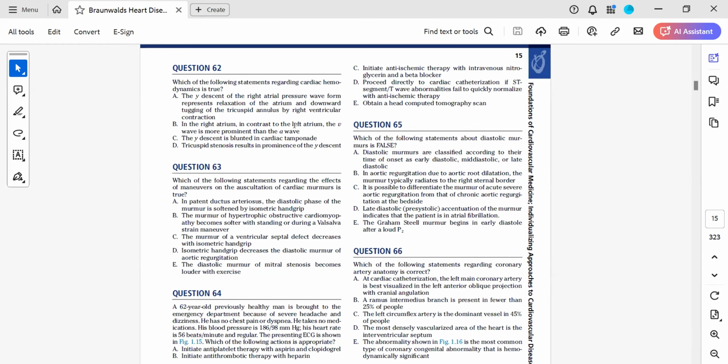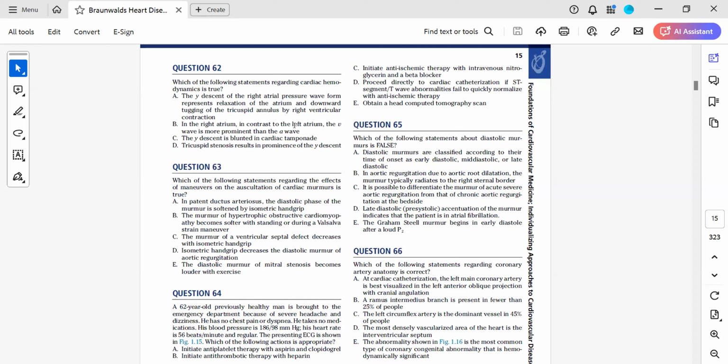So I'll go on to question 63. Which of the following statements regarding the effect of maneuvers on the auscultation of cardiac murmurs is true? A. In patent ductus arteriosus, the diastolic phase of the murmur is softened by isometric hand grip.